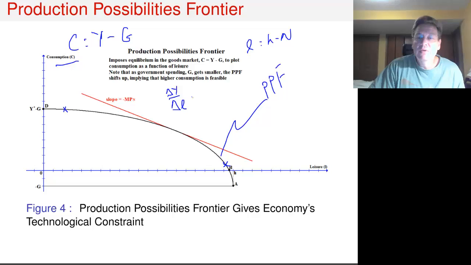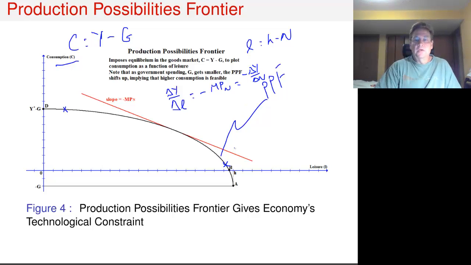And for that reason, we can write this slope as the negative marginal product of labor, or negative delta y over delta n. Okay, so we are still describing the firm's problem, the production possibility frontier, and what is technologically feasible to produce in the economy.